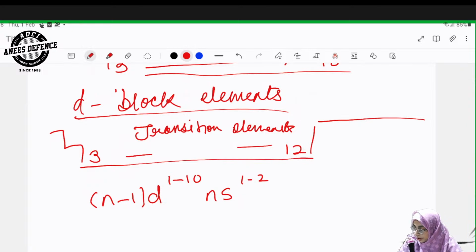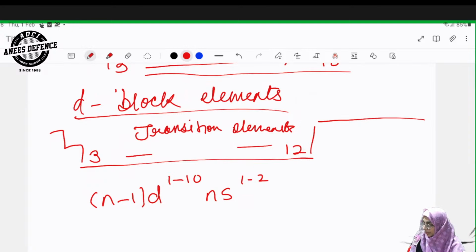These elements are found in 3 sets of 10 elements each, ranging from group 3 to group 12. Because of the engagement of ns and (n-1)d electrons in the formation of chemical bonds, they have varying valency and oxidation states.